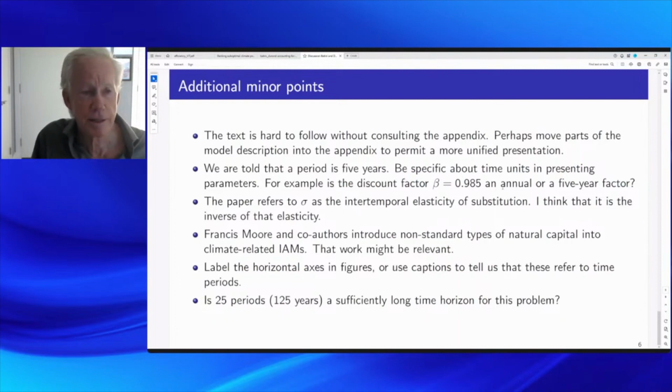The only point that I'll talk about is that Frances Moore and her co-authors have some papers that introduce non-standard types of natural capital into climate-related integrated assessment models. I think those papers might be relevant because of the way that she thinks about natural capital in a manner that's not completely standard.